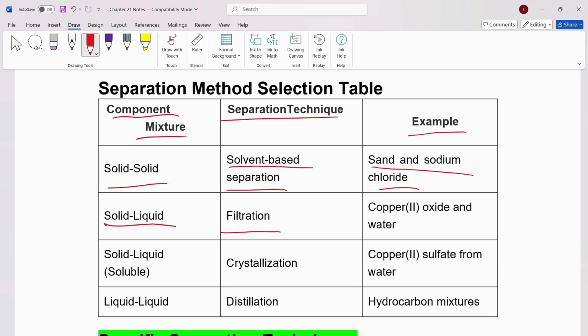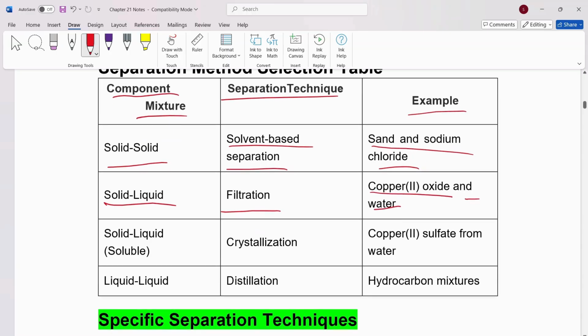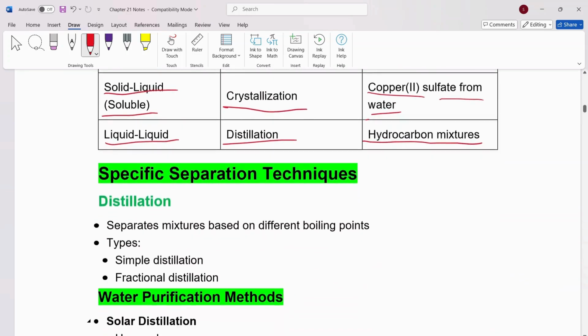Separation technique is filtration, such as copper(II) oxide and water. Then we have a soluble solid mixture. Crystallization is the separation technique, and the example is copper(II) sulfate from water. Then we have liquid mixtures. Separation technique is distillation. Example: hydrocarbon mixtures.